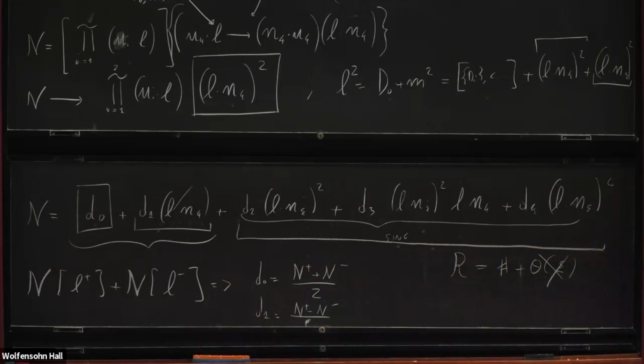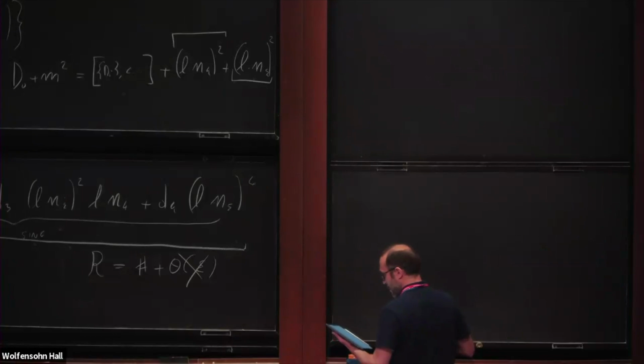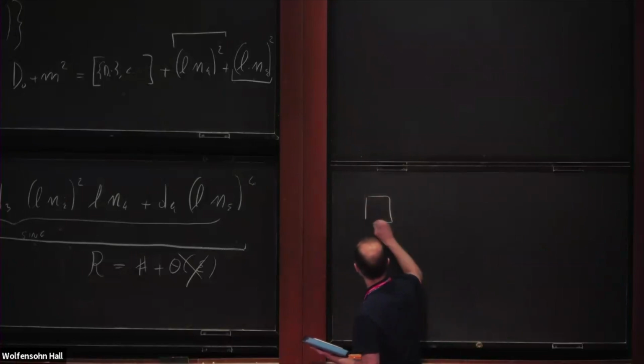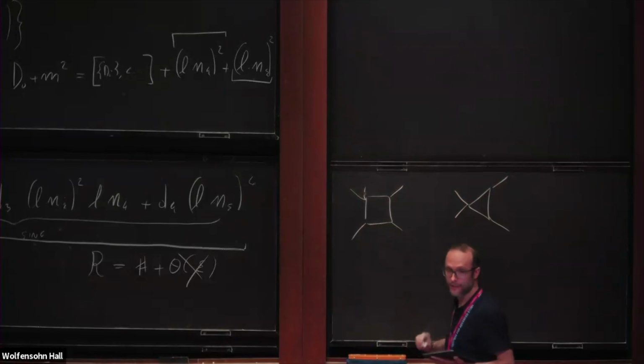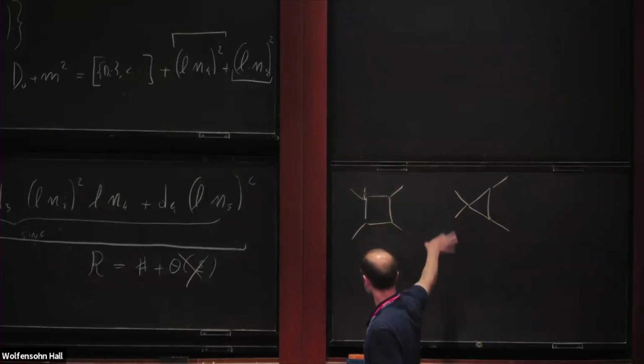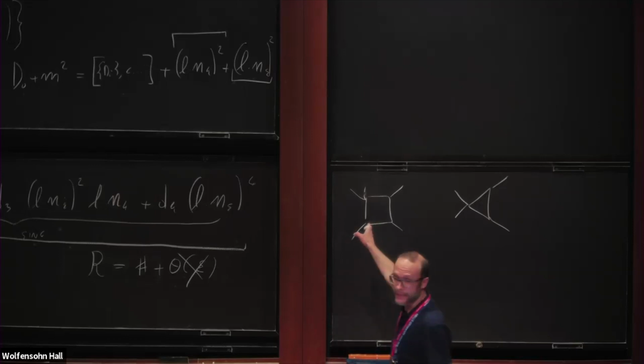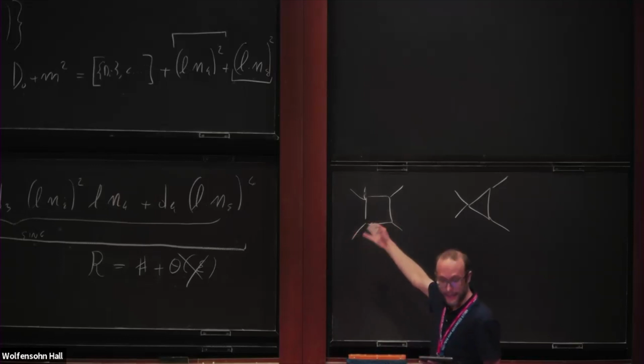So what is the problem with the triangle? Just imagine I start with a box, right? Let's make a nice box, okay? And I want a triangle coefficient at the integrand level. Now, if this is non-zero and the box is non-zero, this will be contaminated by a coefficient of the box.